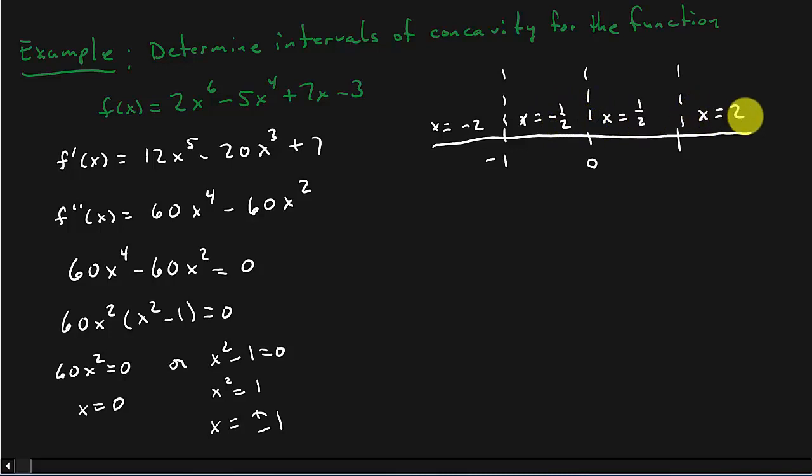It doesn't matter what numbers you choose, you just have to make sure you choose a number from each interval. Then we want to evaluate the second derivative at each one of these numbers that we chose.